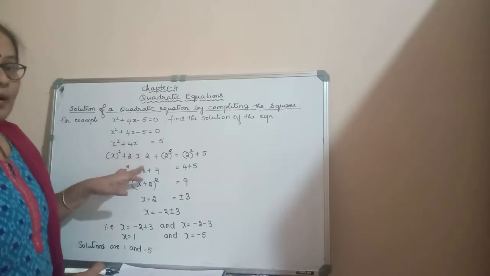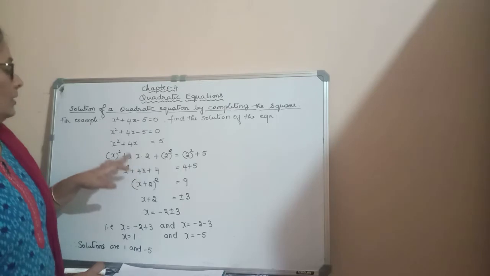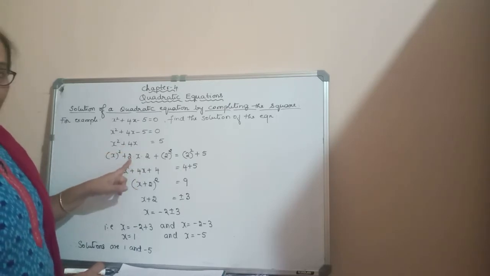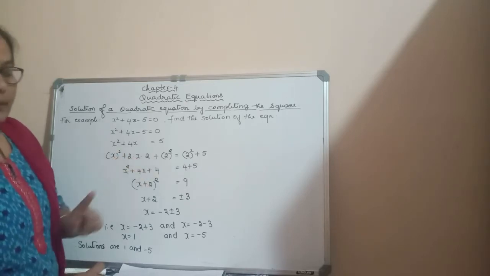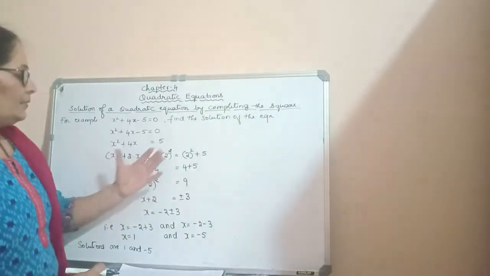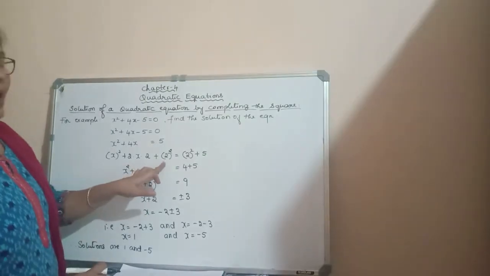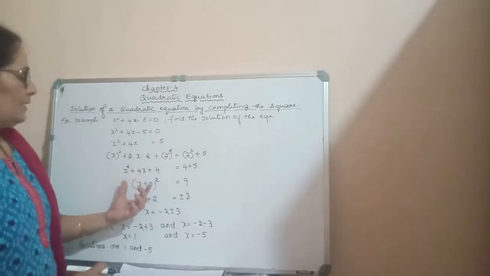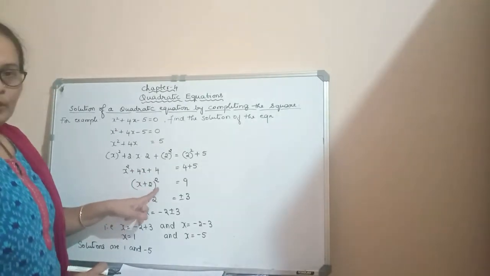Then what do we have to multiply for this term to get 4x? If you multiply by 2, then only you will get 4, right? So multiply by 2 here, then you will get 4x. Then add some number on both sides of the equation to get a complete square on the left side. So if you add 2 square, then you will get a complete square in the LHS, that is (x plus 2) whole square.